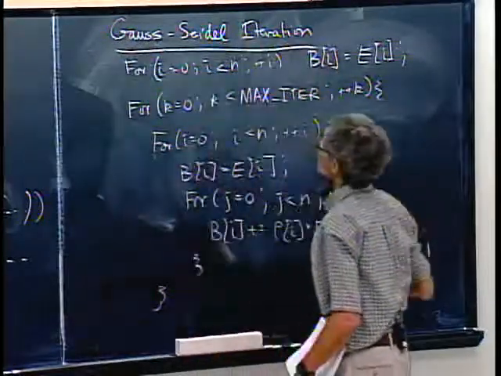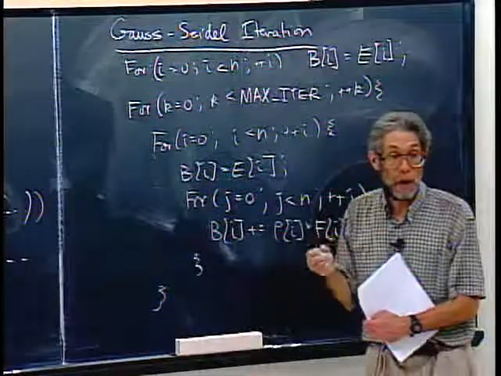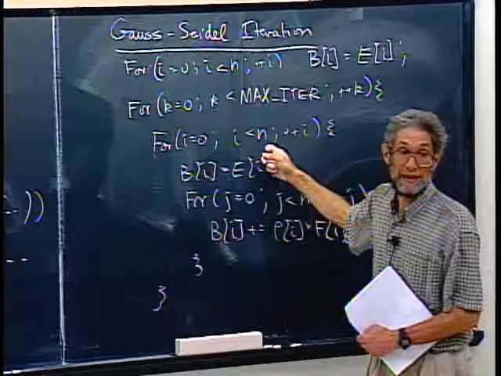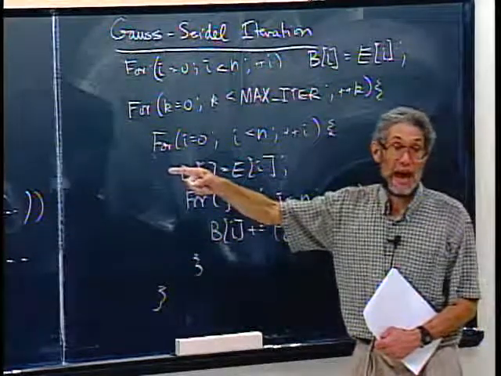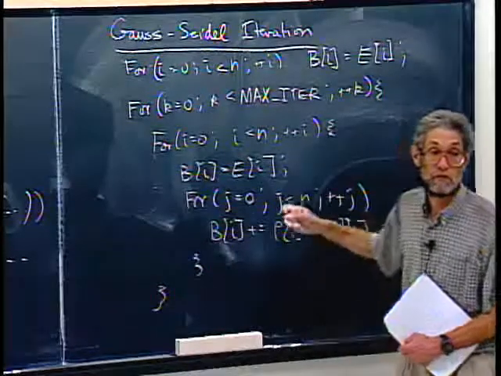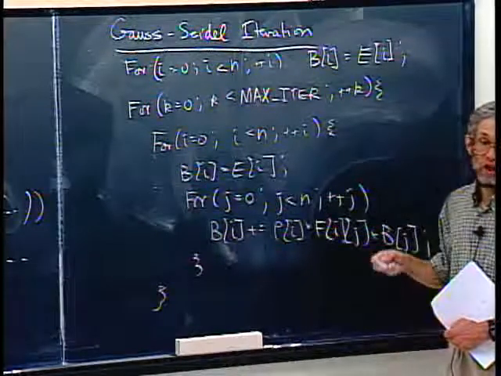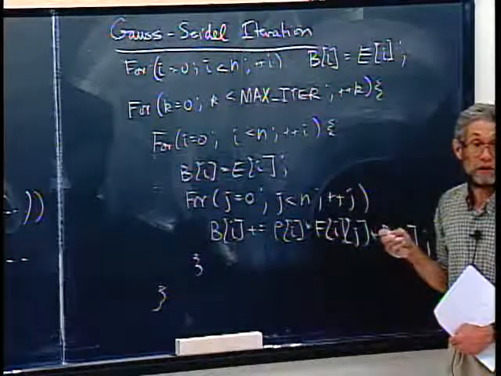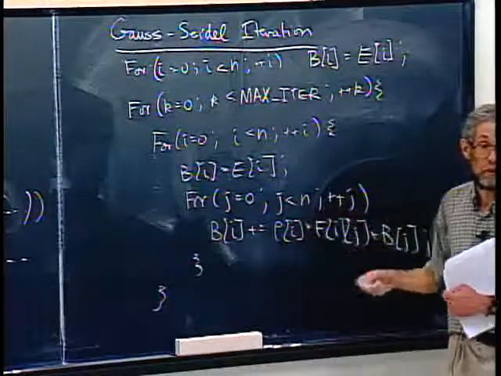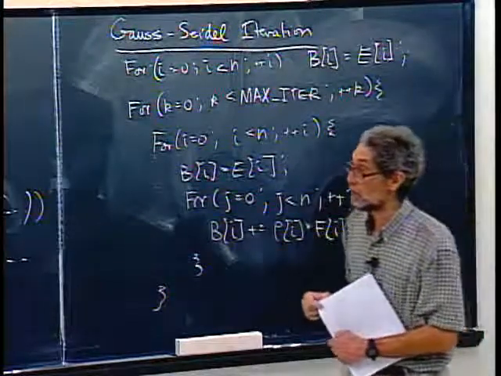Because on average, half of the values that you're using have already been updated, one iteration of Gauss-Seidel is basically worth 1.5 iterations of the Jacobi. And so this is the one that's more commonly used. But basically the argument that it's going to converge still applies. You look at the residuals and they're even better in this one. The residual means how far the answer is from the true consistent answer.